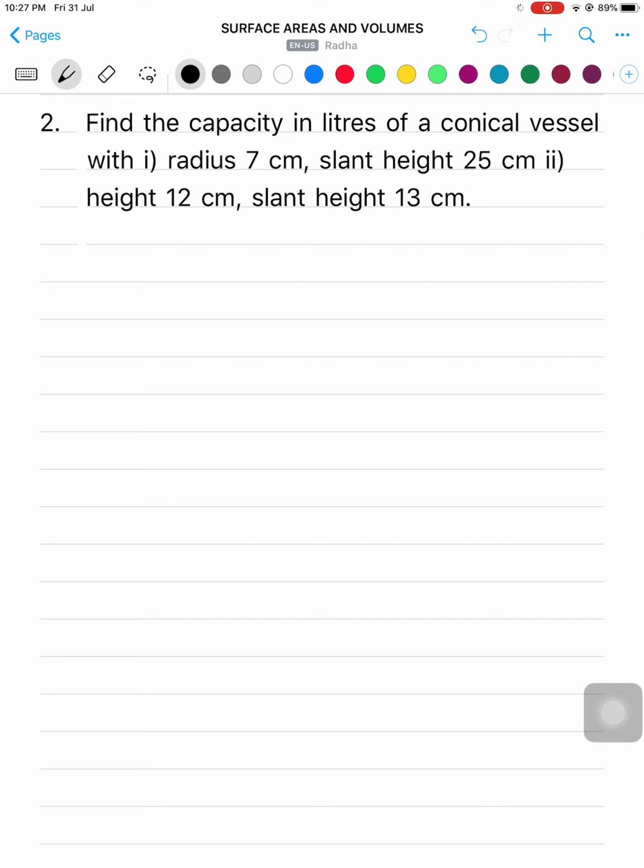Now, the second question, we need to find the capacity in liters. So, capacity again means volume. You have to find the volume in liters of a conical vessel with radius 7 centimeter, slant height 25 centimeter. So, what is given?